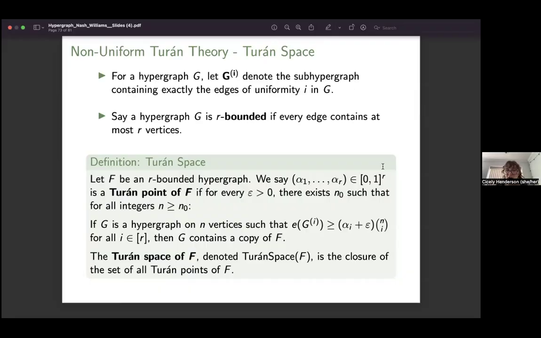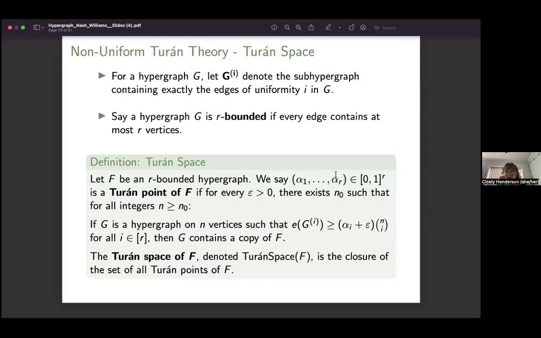If G is a hypergraph on n vertices, such that in each uniformity, the edges of G are above this threshold given by the vector, then G contains a copy of F. So instead of just counting the number of edges as a whole, we're counting them in each individual uniformity. And the Turán space of F is the closure of the set of all Turán points of F.